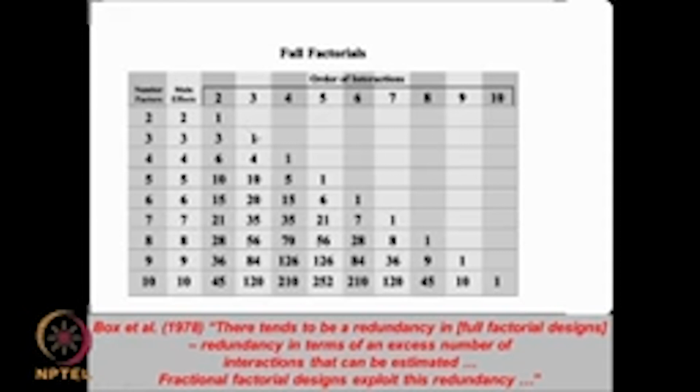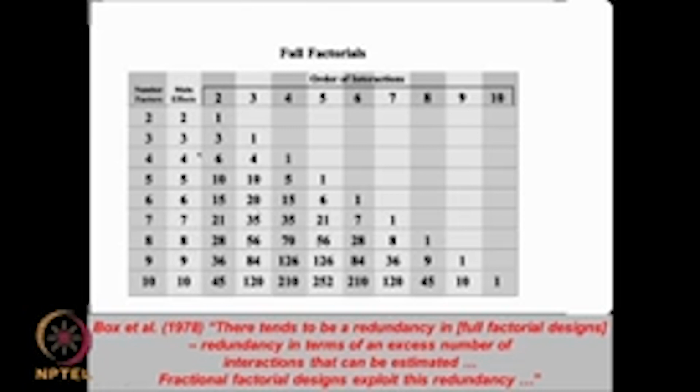But that is also a disadvantage of this full factorial design, because suppose you look at a 2 power 4 design, not only do you look at the 4 main effects, you are looking at 6 interactions, that is AB, AC, AD, BC, BD, CD, but you will also look at 3-way interactions like ABC, ACD, BCD and so on, and then you will also look at the 4-way. All these are very superfluous, because I did mention that these 3-way and 4-way interactions are very rare. We generally have 2-way only.